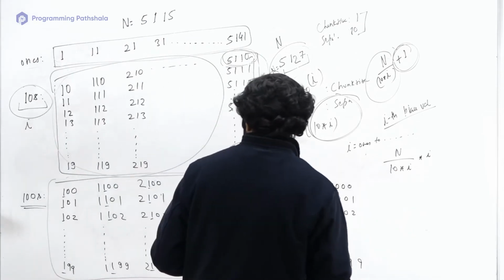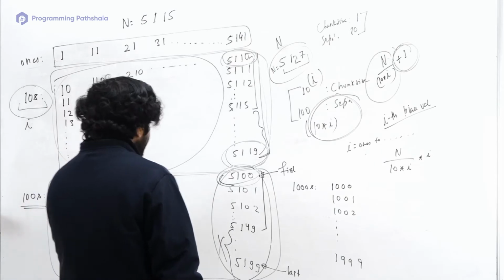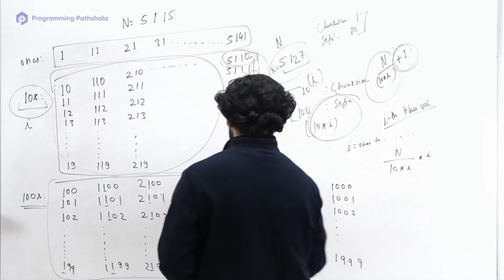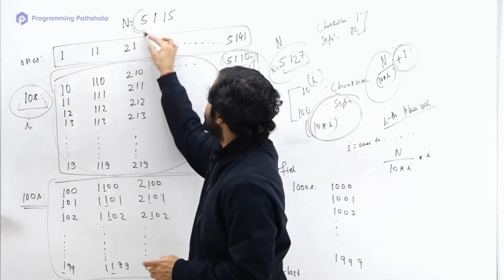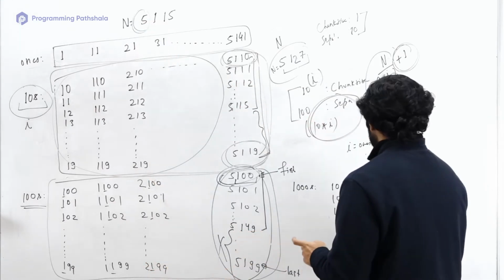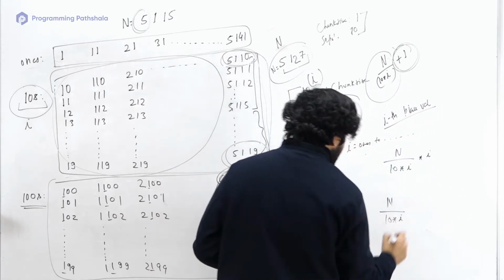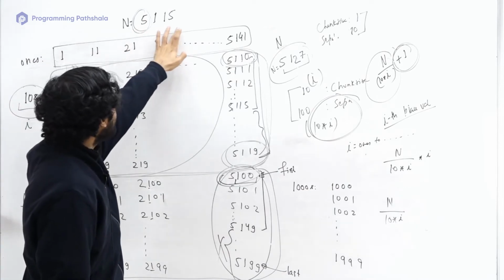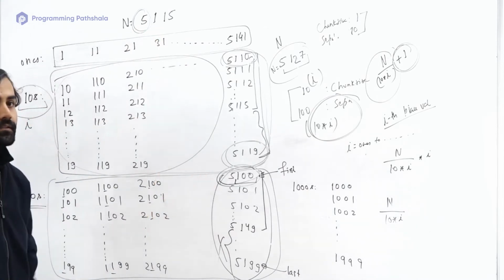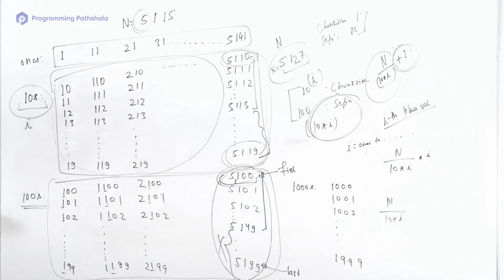What is actually happening is that the last 3 digits of it will be 100. So all that I have to know is what is present over here. For that I'll do n upon 10 into I. Let's say you are doing 5115 upon 1000. If you do 5115 upon 1000, then what will you get? You will get 5.